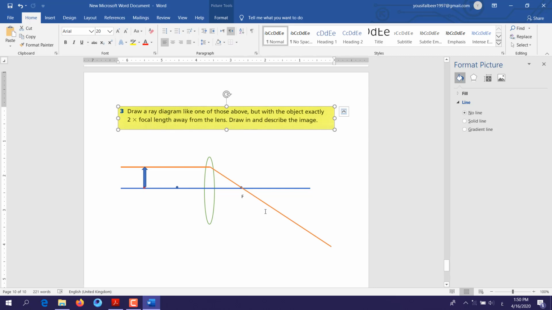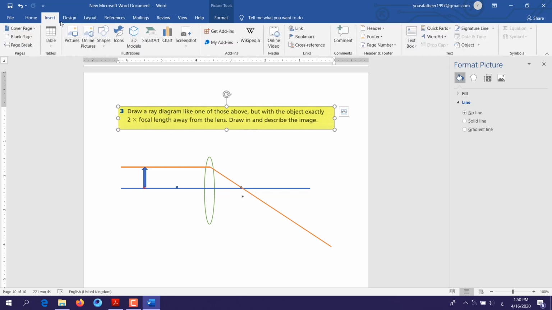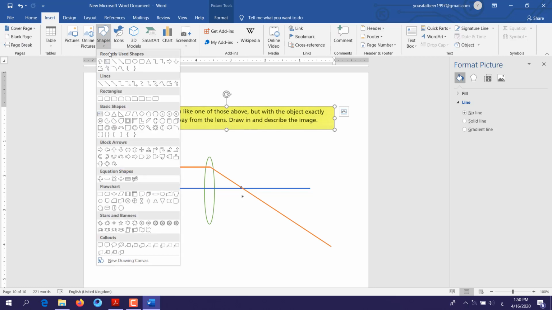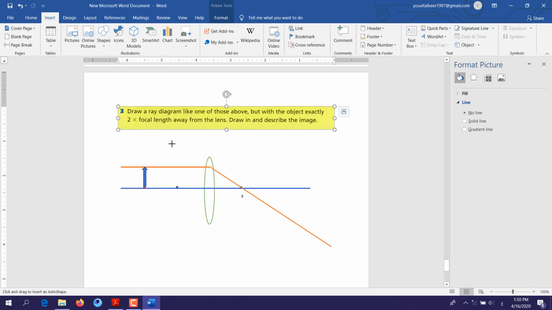How will we find the image of it? By drawing another line. We will draw another line from the top of the object, and it should pass through the center of the lens.